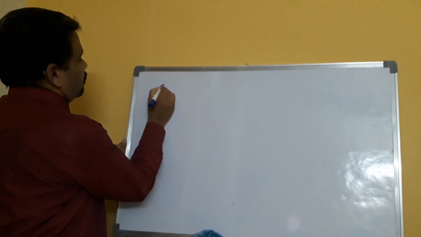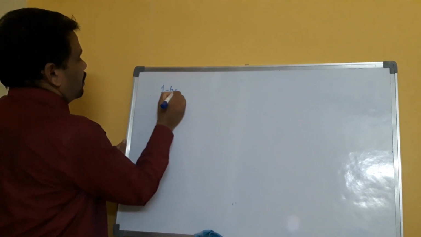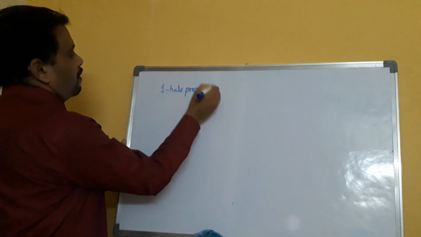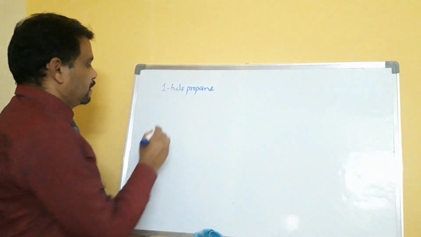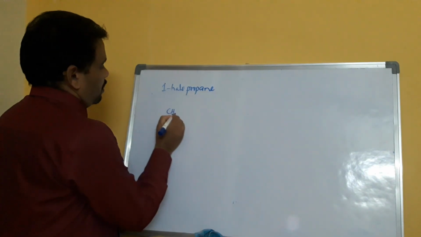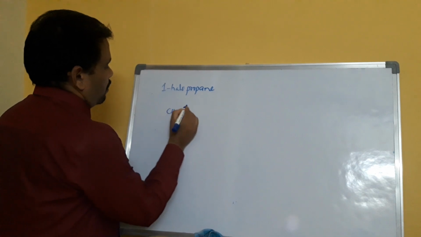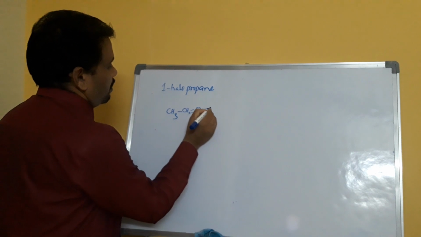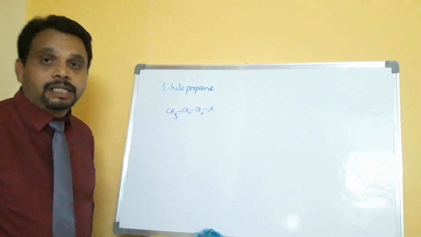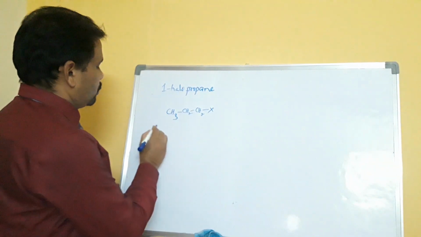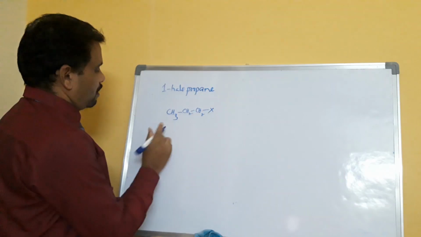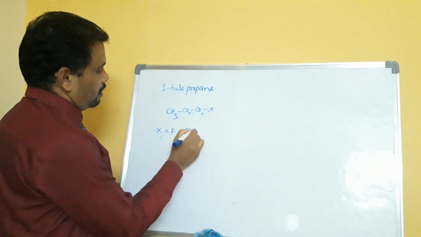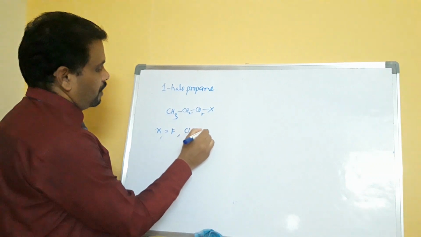One halopropane. The chemical structure for that is CH3CH2CH2X, 1-halopropane. So X may be fluorine or chlorine or bromine or iodine.